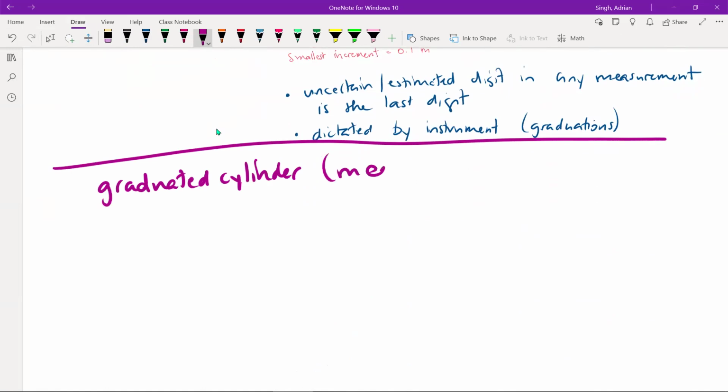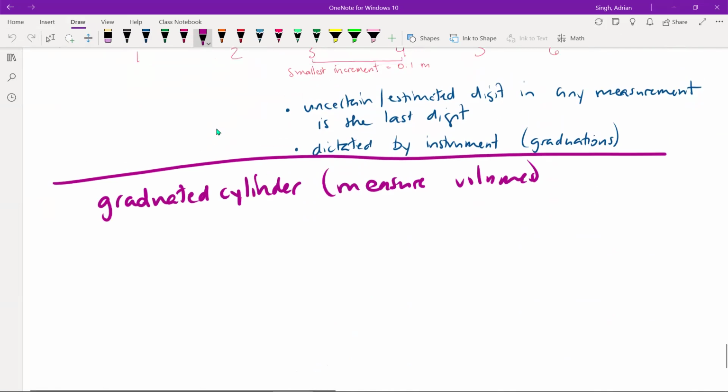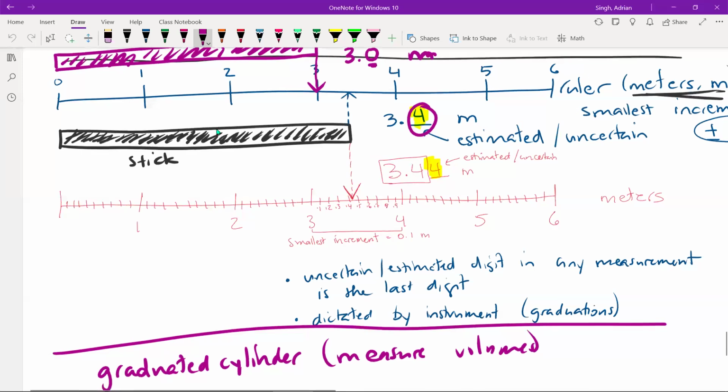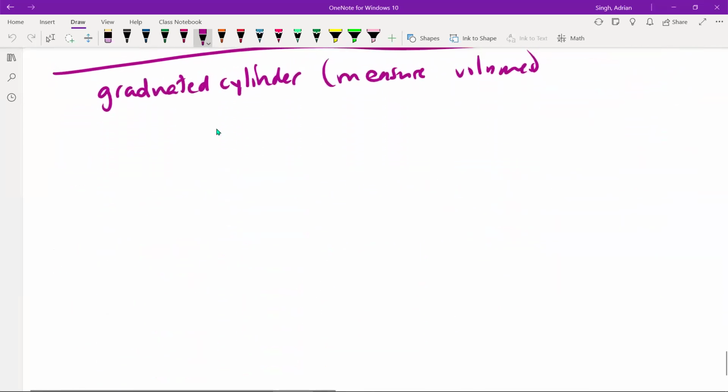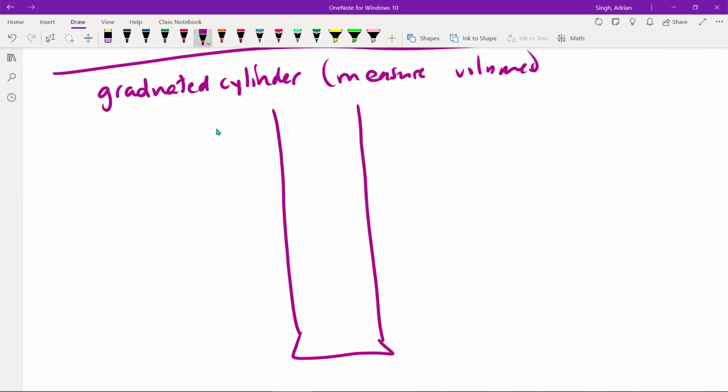Okay, this is used to measure volumes in the laboratory. And you can think about the graduation lines as being very similar to the ruler, except instead of being horizontal, they're now vertical, and they just measure volume instead of length. So a graduated cylinder can look something like this. So it's cylindrical, first of all, and then there's a bottom to it because it needs to hold a liquid.